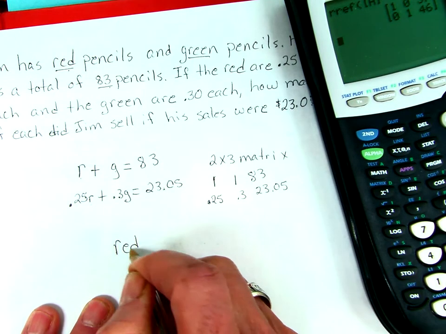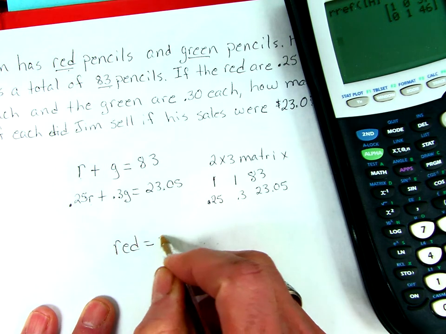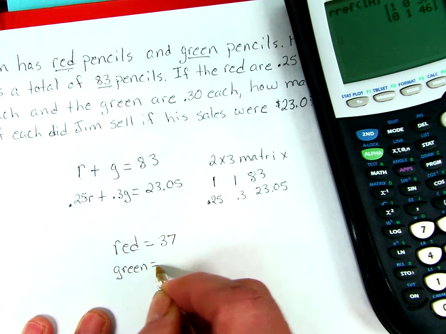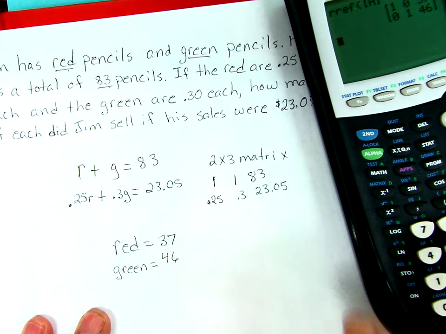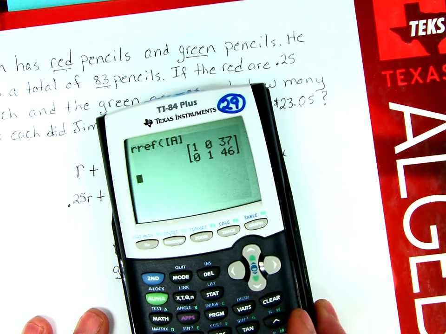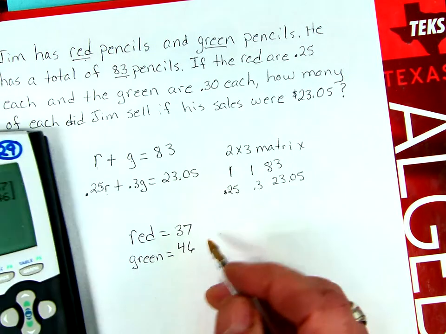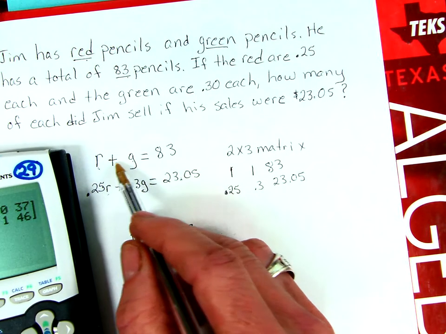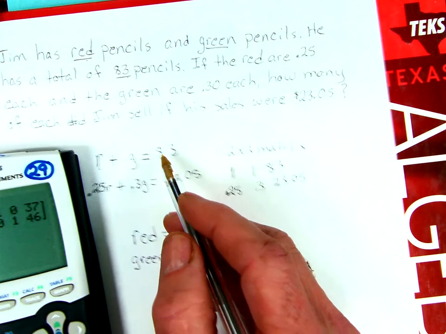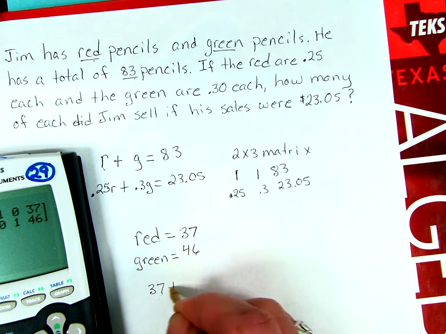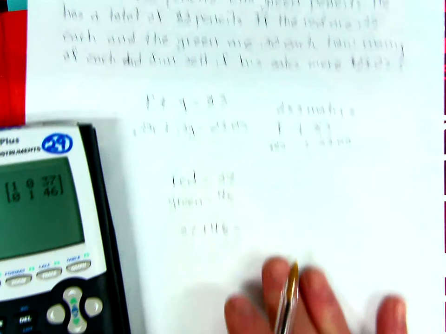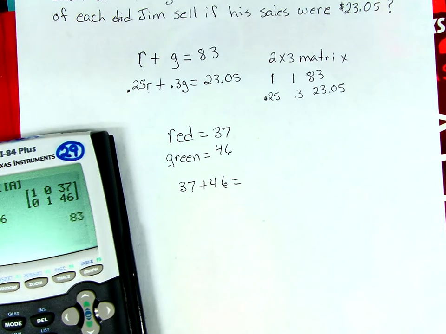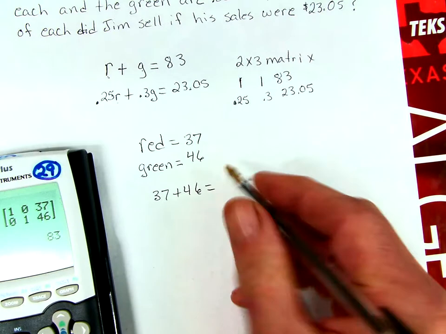Red equals 37. Green equals 46. Well, let's see if that works. If he sold 37 red and 46 green, then 37 plus 46 should equal 83. 37 plus 46 equals 83.